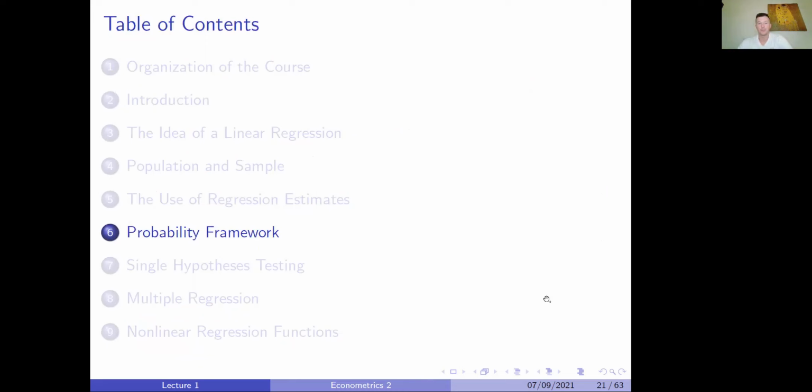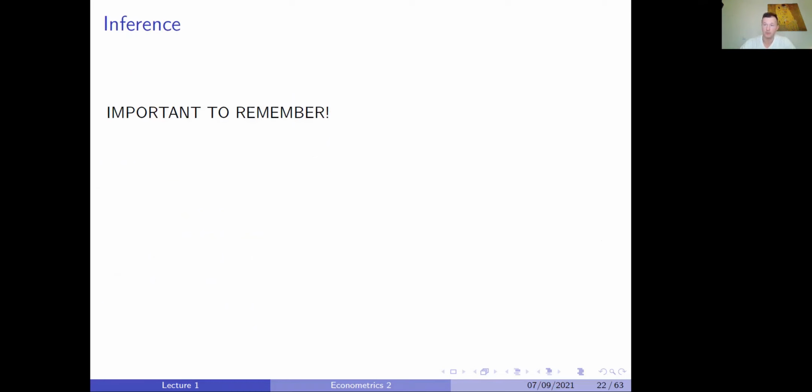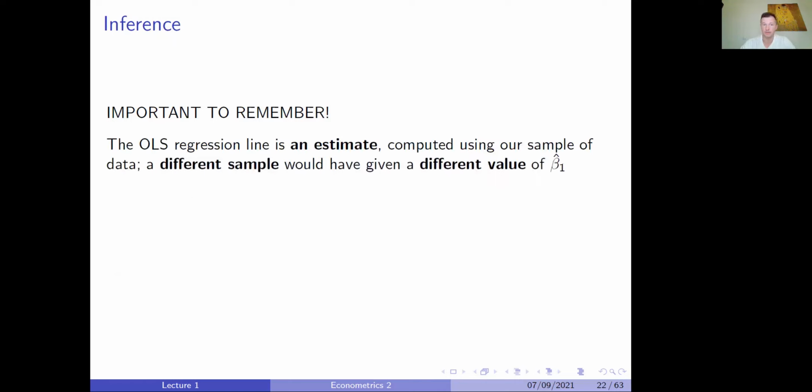So now we need to outline the probability framework for this estimation procedure in order to understand how we are able to infer about the coefficient estimates. First of all, let's repeat once again that the OLS regression line is an estimate. It is not the population regression line. We make conclusions or inferences based on a limited random sample.